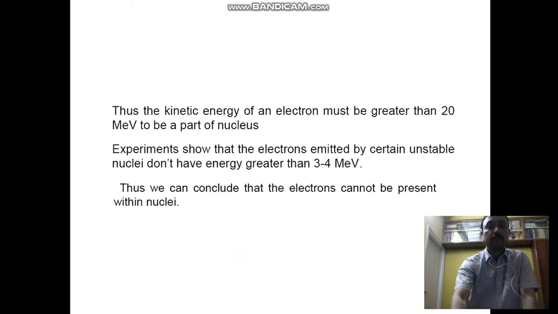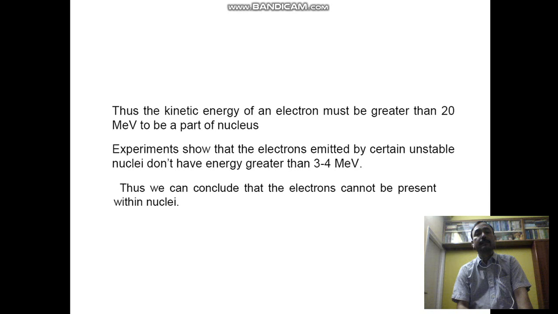Thus the kinetic energy of an electron must be greater than 20 MeV to be a part of the nucleus. That means if an electron be a constituent part of a nucleus, then the electron must possess an energy equal to 20 MeV.